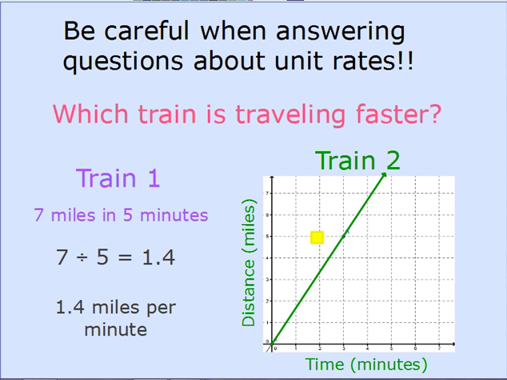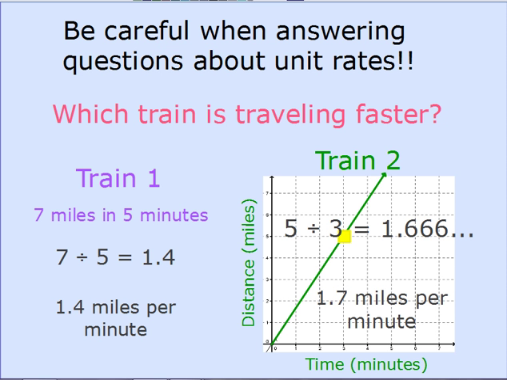Right here we have 5 miles in 3 minutes. That's a great point to help us find a unit rate. 5 miles in 3 minutes, if I do the division, gives me 1.6 repeating. I'm going to round that to 1.7 miles per minute. So when it's asking us which train is traveling faster, again, I'm looking for the one with a greater speed. That means train 2 is going faster than train 1.